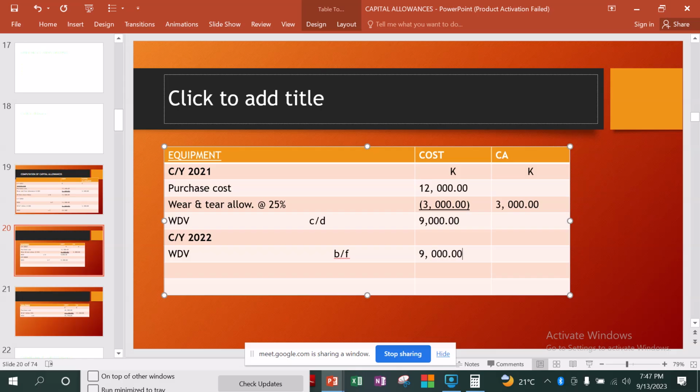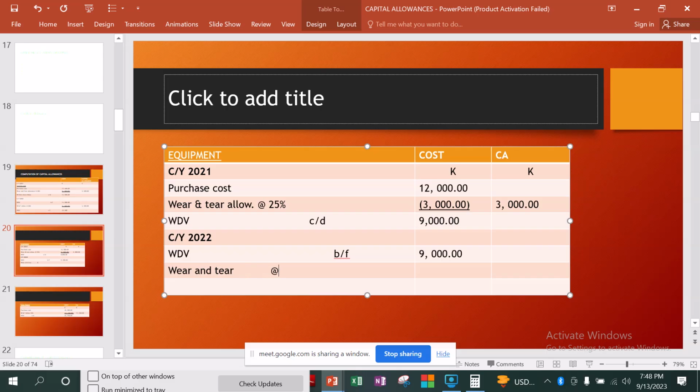Then we charge wear and tear again for this one. Remember, wear and tear allowance or capital allowance is charged on the original cost. The original cost for this equipment is 12,000. You don't apply it on the reduced balance of 9,000. You always use the original cost of 12,000.